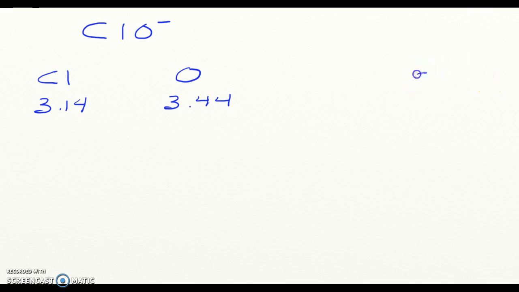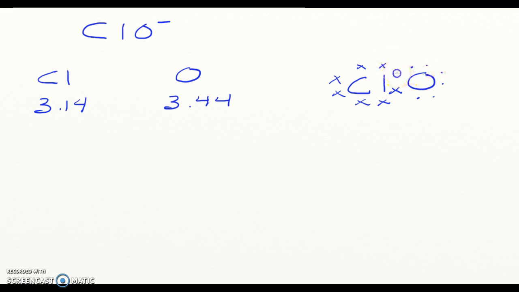So if we do an electron dot configuration, remember that oxygen has 1, 2, 3, 4, 5, 6 valence electrons, and I'm leaving this blank for right now. Chlorine will give us 1, 2, 3, 4, 5, 6, 7 valence electrons.